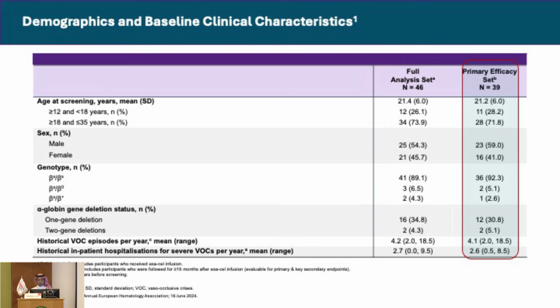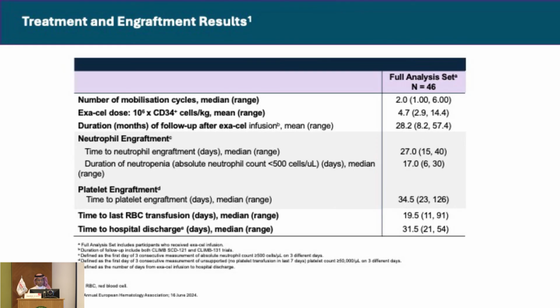The genotype is mostly severe, either SS or S beta 0. They have co-inheritance of alpha globin gene in around 30%. The VOC episodes average 4 per year, and the hospitalization around 2.6 per year.